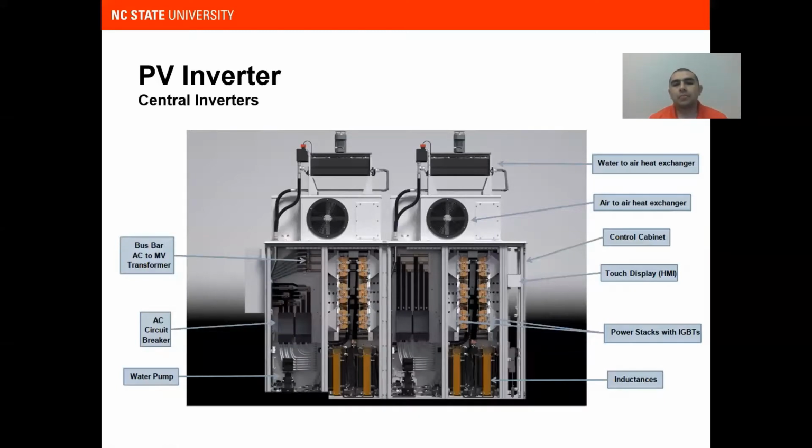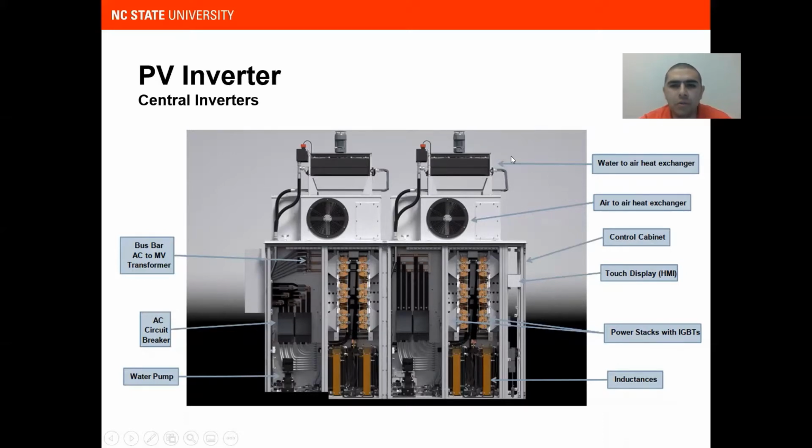So, central inverter. This is a very detailed picture of a 5 megawatt central inverter. A central inverter is a very complex machine. It also has many subsystems. For example, it has its own cooling system, so you're going to find here the air-to-air heat exchanger.